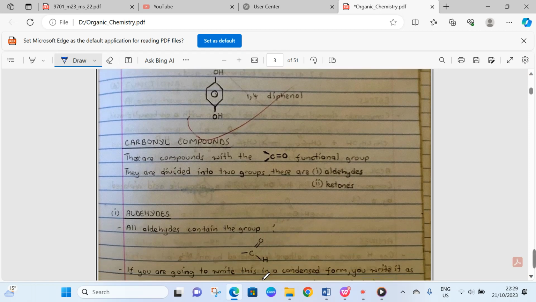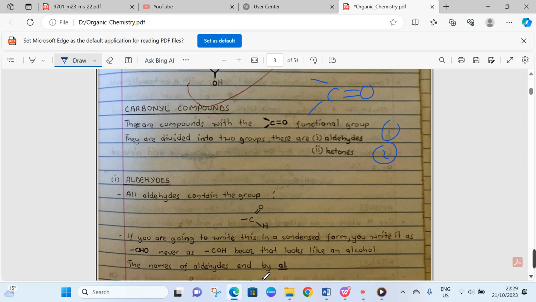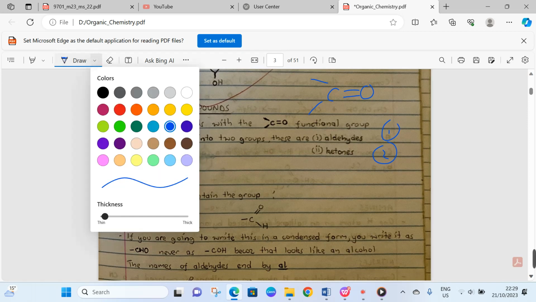Now the next group of organic compounds, we have what are called carbonyl compounds. Carbonyl compounds are recognized by their carbon to oxygen double bond and two other groups extending out, right? Now, these carbonyl compounds are divided into two groups. The first one is aldehydes, the second one ketones. In the aldehydes now, as you can see, let me use a different color here.